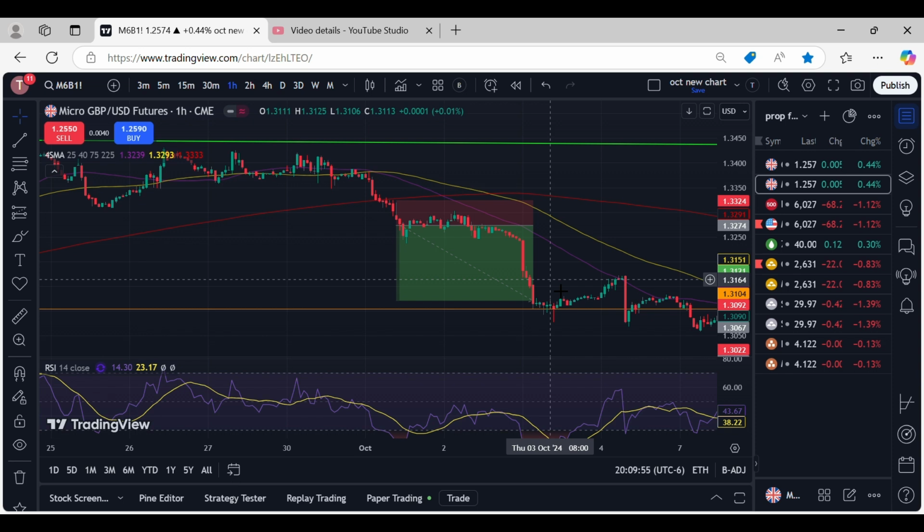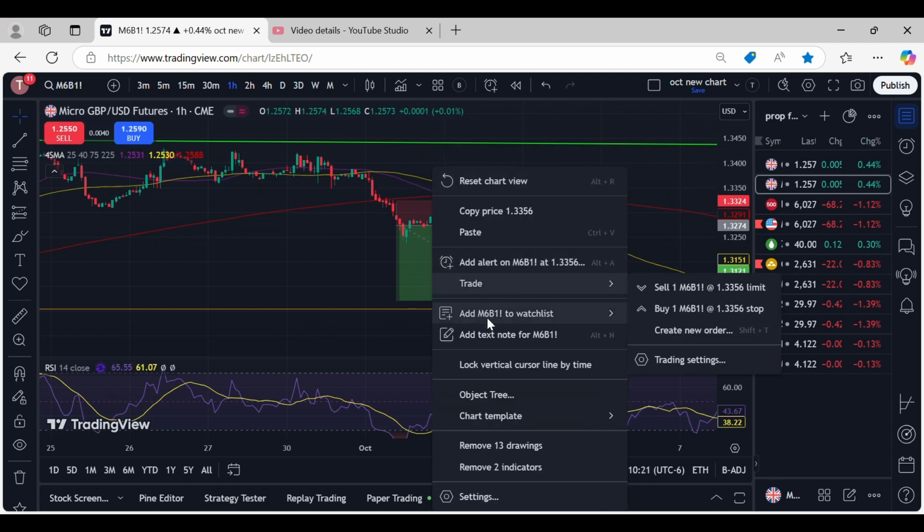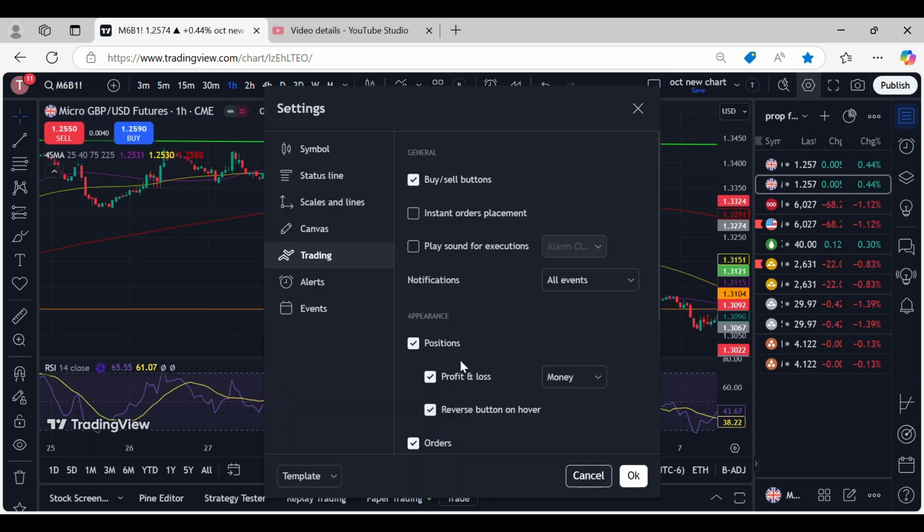What I'm doing now is, there is an indicator you can add to this chart to show you the time periods. I don't want to waste the time to try to find it because I haven't used it in a while.